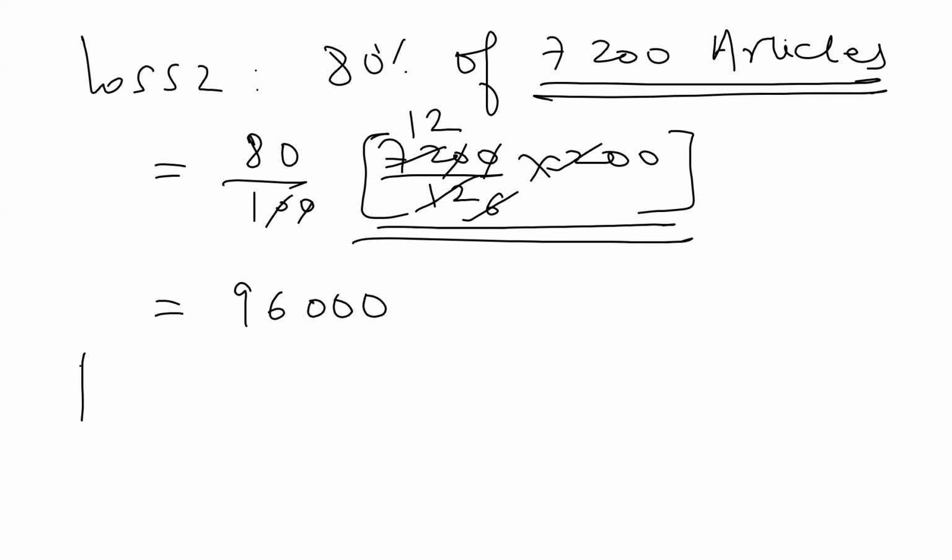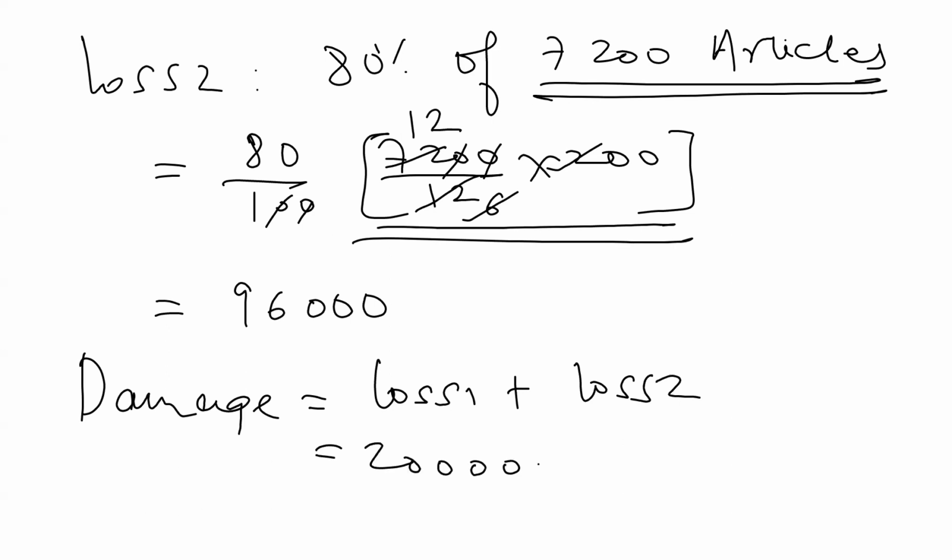Now we'll calculate the damage. Damage is equal to loss 1 plus loss 2: 2 lakh plus 96,000. That is 2,96,000. And in the final step, we are supposed to calculate the claim.